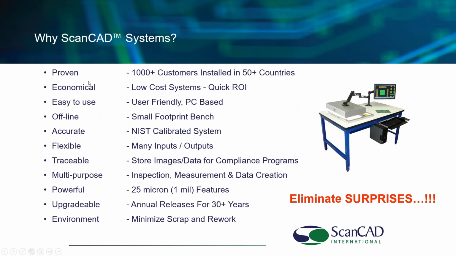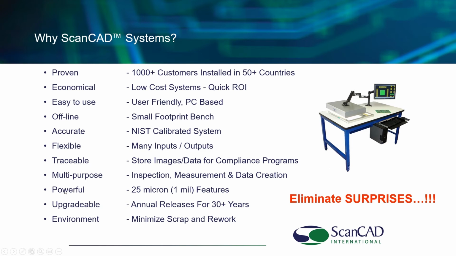So we are proven, we are economical, easy to use, offline, as you can see with our bench, calibrated using our NIST calibration plate, many inputs, many outputs, all that inspection done on a single system, providing that full traceability that many of you need for your ISO compliance and certification, multi-purpose inspection and measurement and data creation all on the same calibrated system.